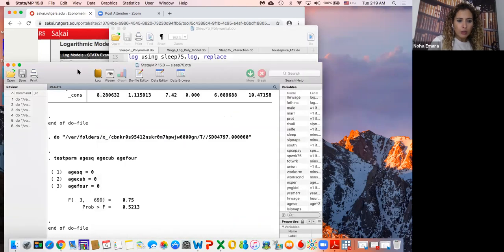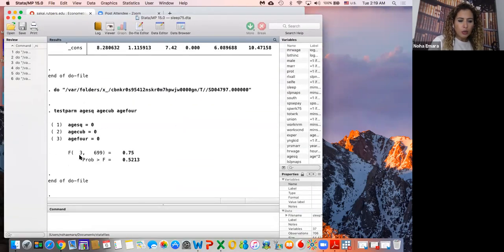It is always easier to look at the p-value. There is a 52.13% probability that those are jointly equal to 0. This basically means that most likely those are equal to 0.